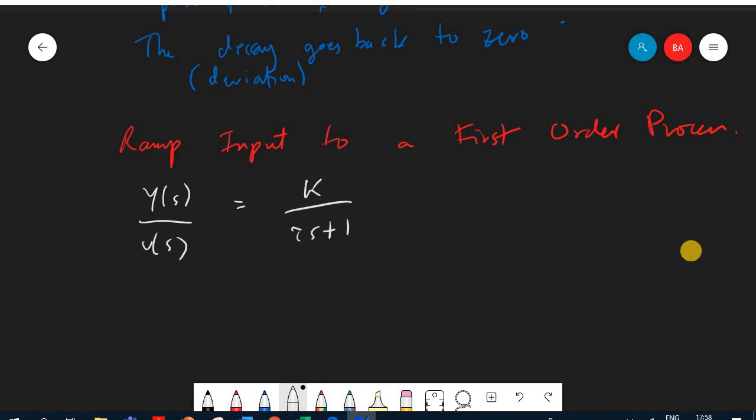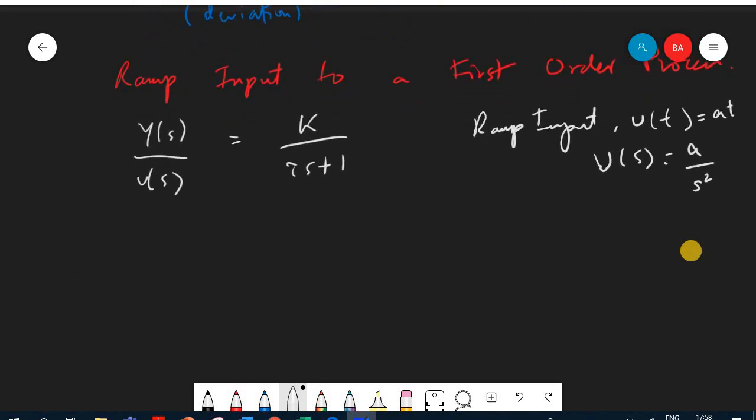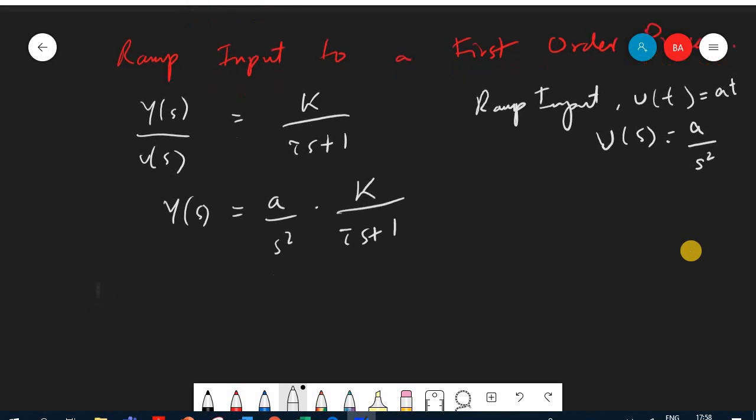A ramp input means my u of t is equal to at, and this means that my u of s is equal to a over s squared. If I substitute that, Y of s is equal to a over s squared multiplied by k over tau s plus 1.